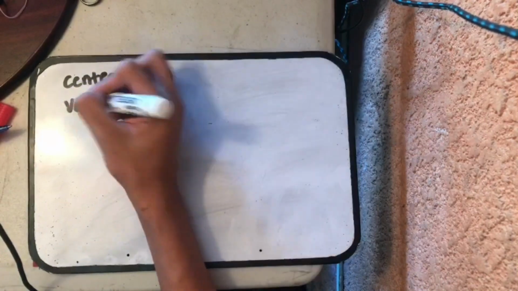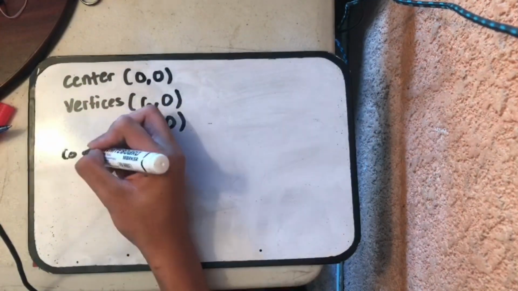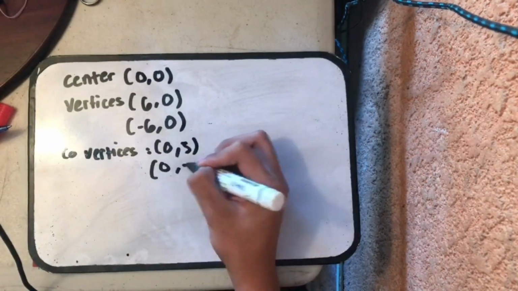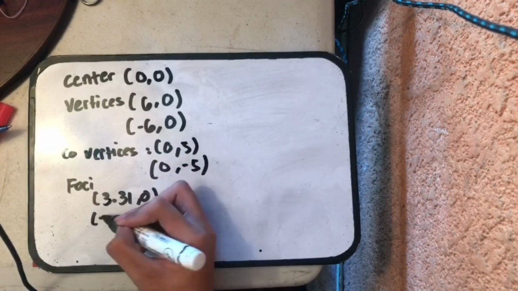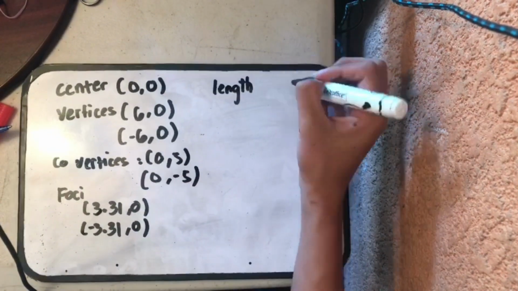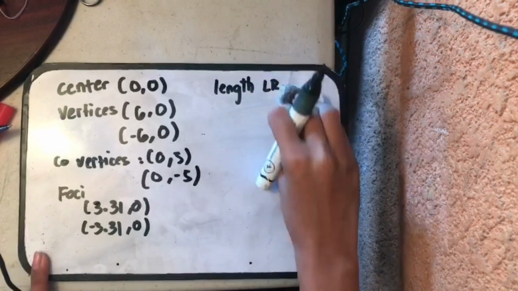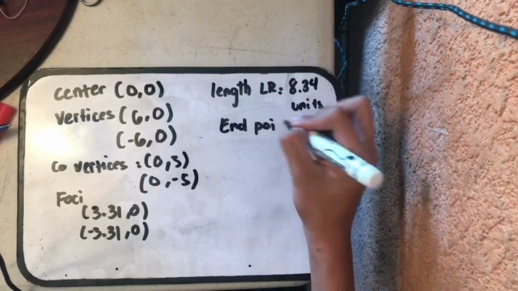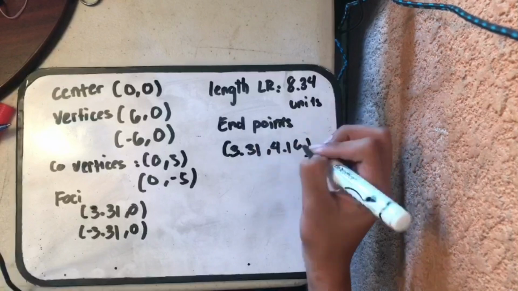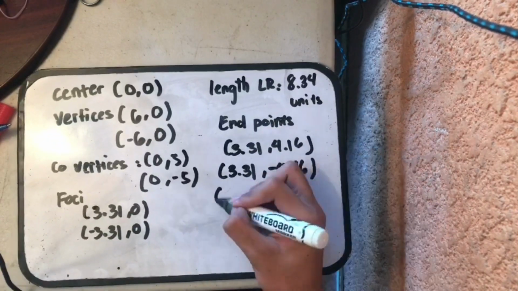Now, time to recap the parts of the ellipse. Center, which is 0, 0. Vertices, which is positive and negative 6 and 0. Co-vertices, 0 and positive negative b, which is this. Foci, 3.31 and 0 and negative 3.31 and 0.